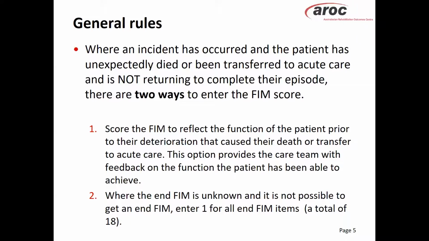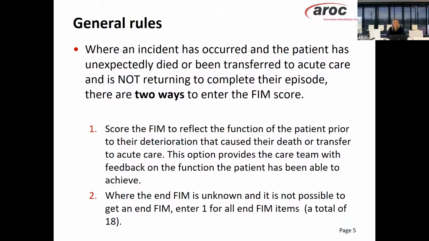The first option provides you and your team with more information about what the patient was able to achieve during their rehabilitation program, and we would encourage this option. The second option won't provide you that level of feedback on the function they were able to achieve.